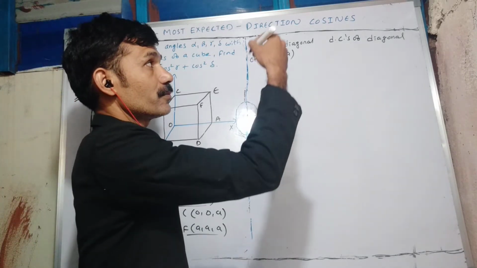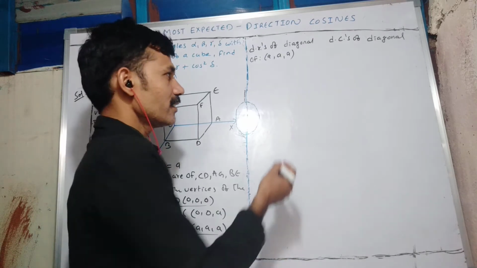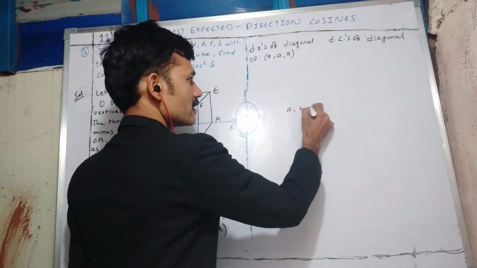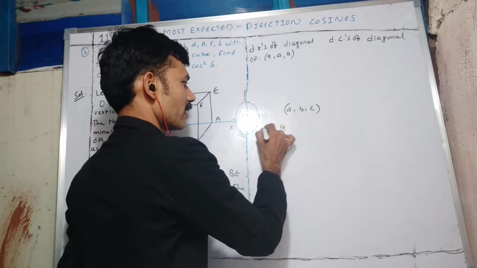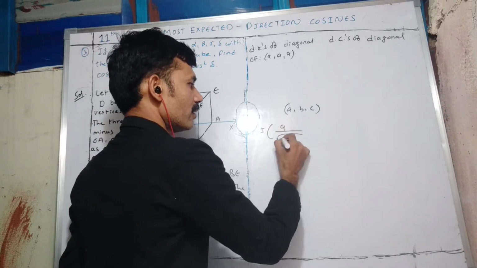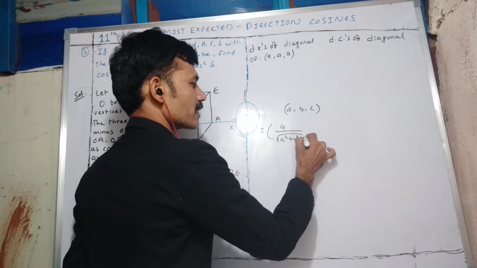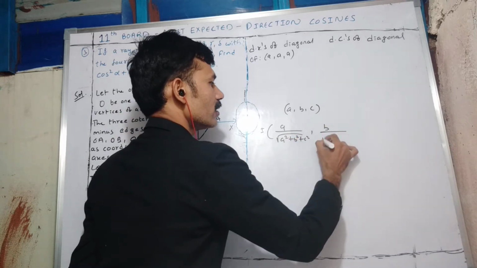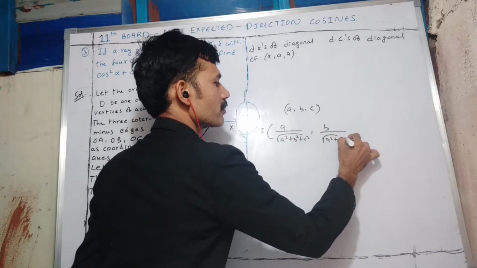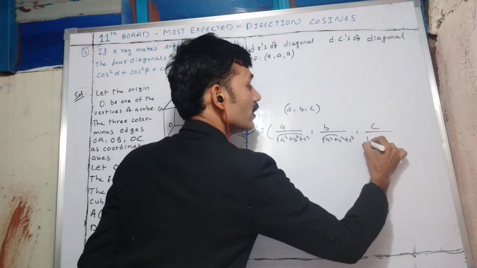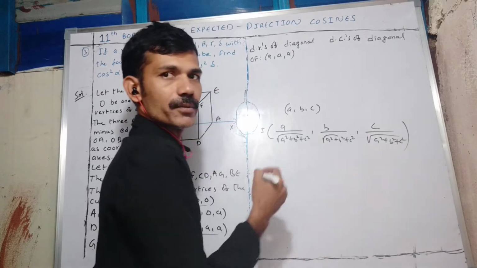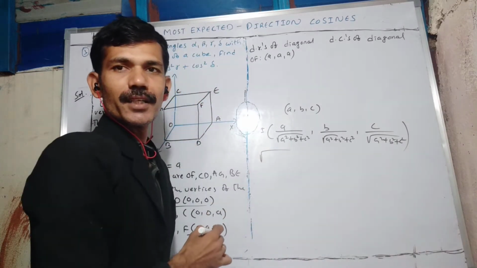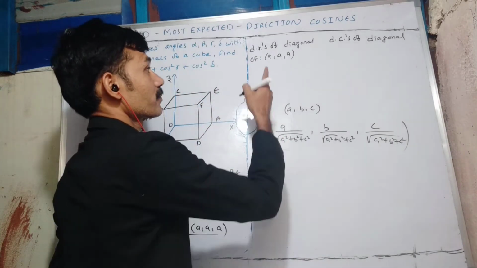And how will you find the direction cosines? When a, b, c are the direction ratios, the direction cosines are a upon root a square plus b square plus c square, b upon root a square plus b square plus c square, c upon root a square plus b square plus c square. So we have to divide by root of a square plus b square plus c square.